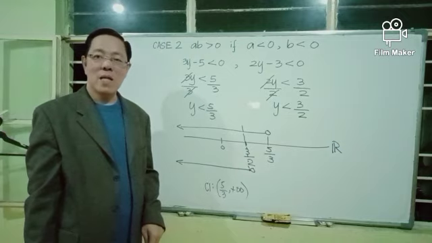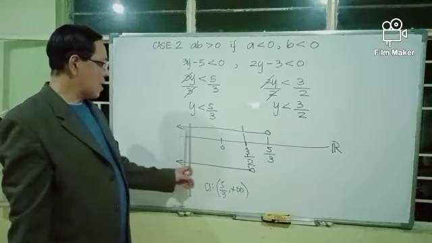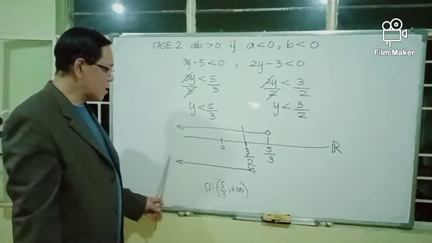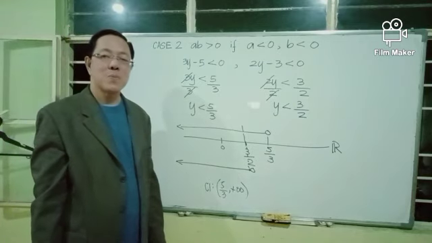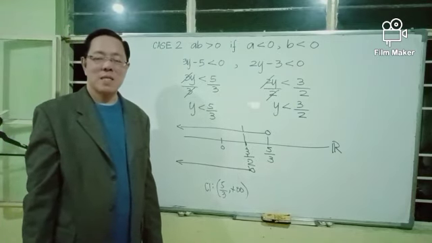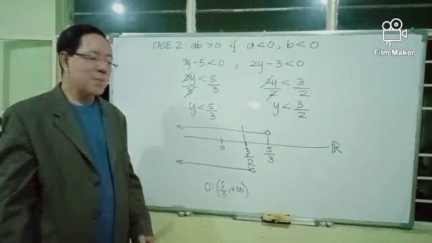Again, you start with the left endpoint, but the left endpoint, you can see by this arrow, goes to negative infinity. So the left endpoint is negative infinity.